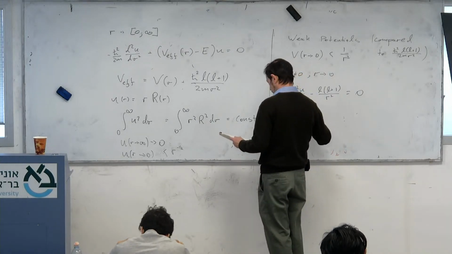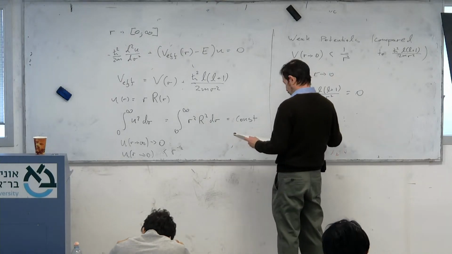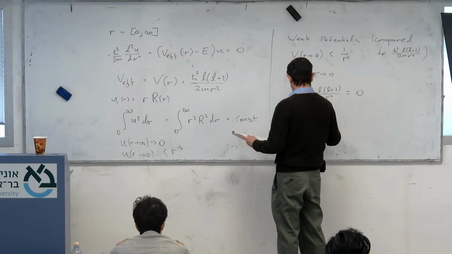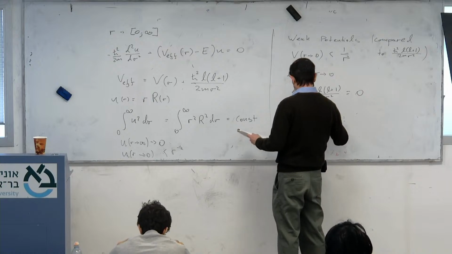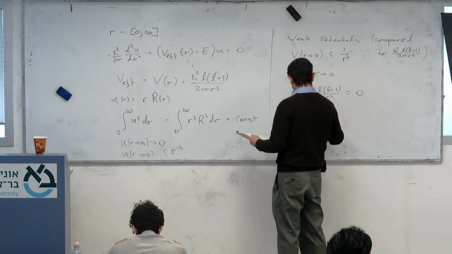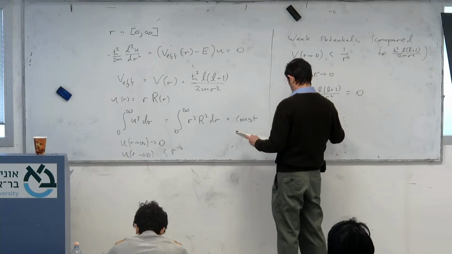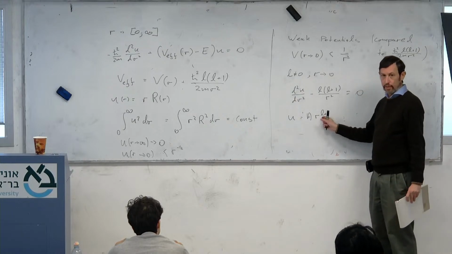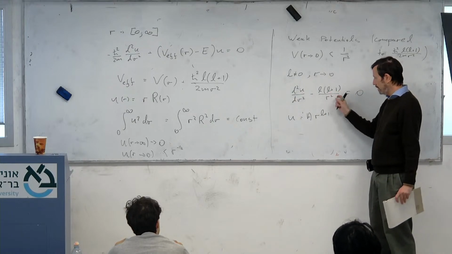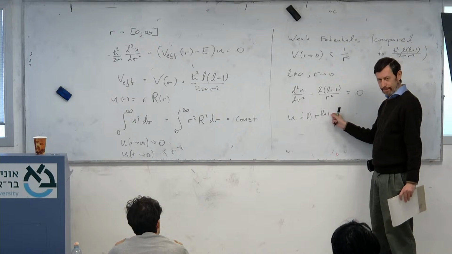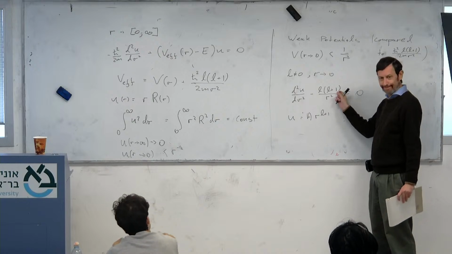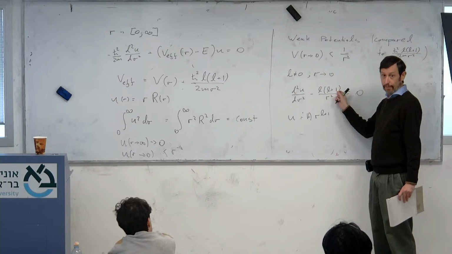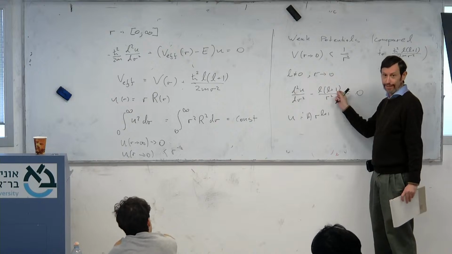So the solution can have one of two forms, either L plus 1, okay, first derivative L plus 1, and then times L, life's good, it's a solution.